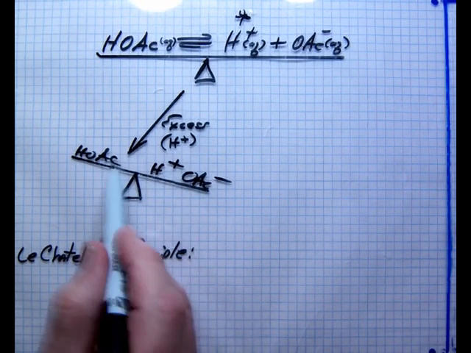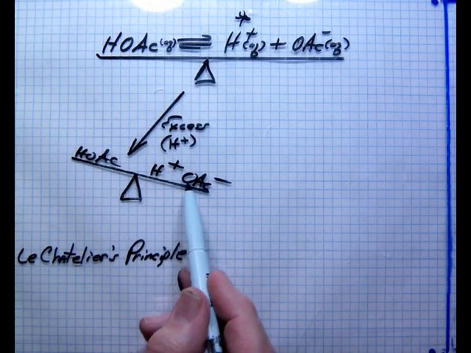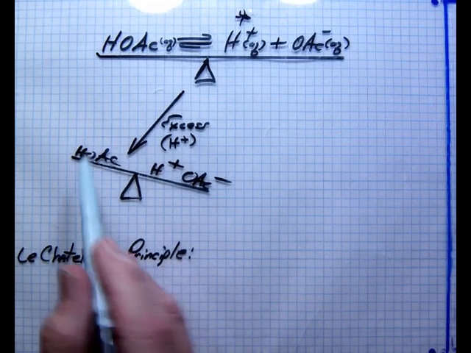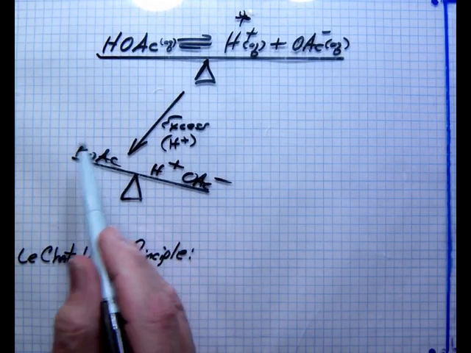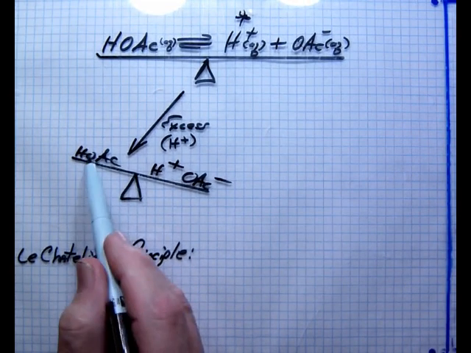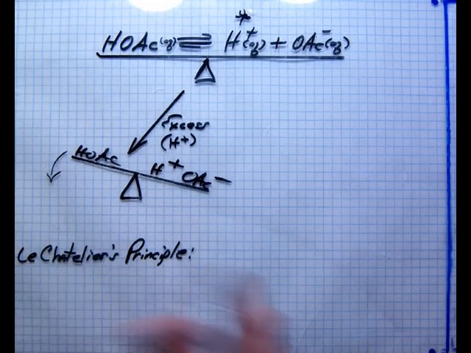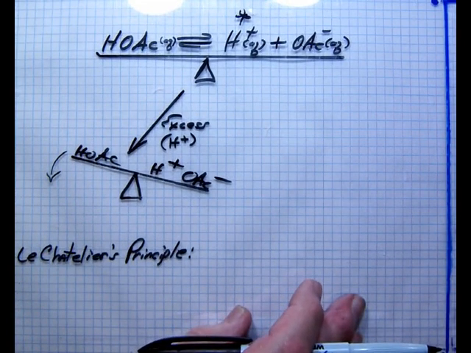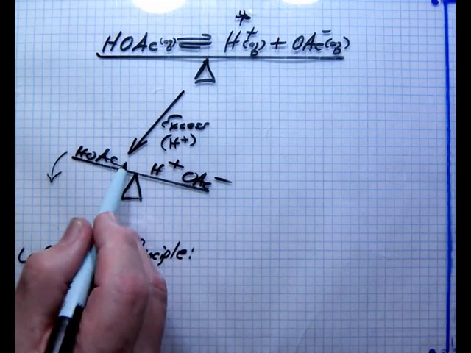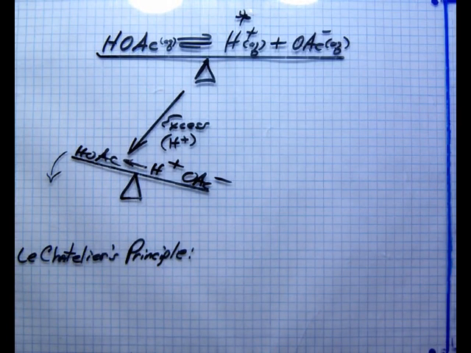So what will happen here? Hydrogen will have to combine with the OAc and make some more additional HOAc so that the left side of this diagram will get heavier and cause the seesaw to tilt back down. So the shift will be toward the HOAc, and left in this diagram.